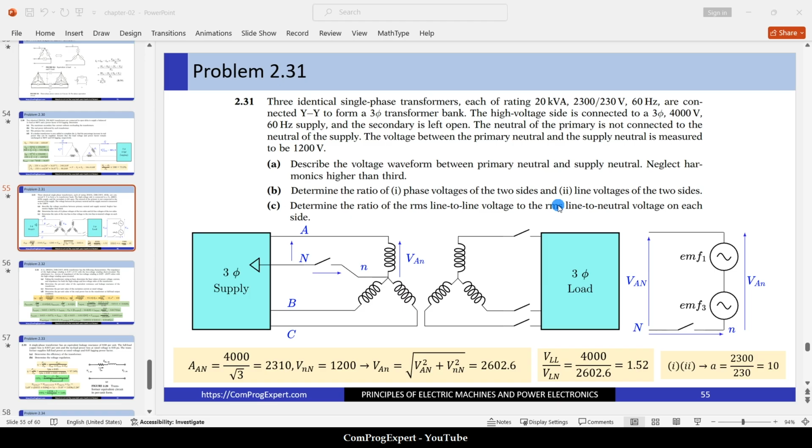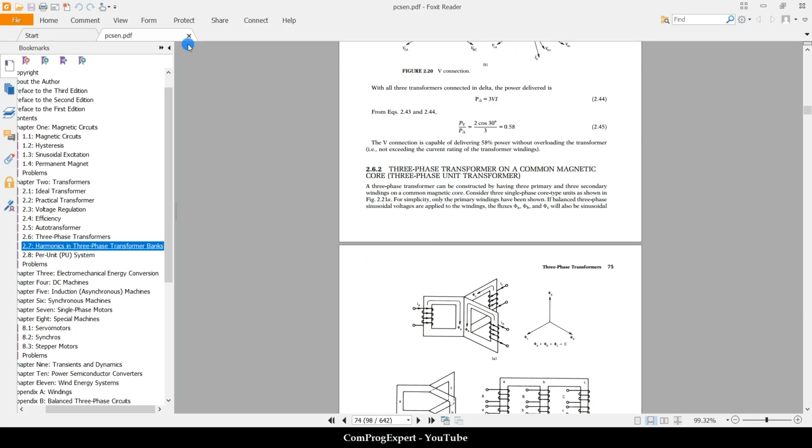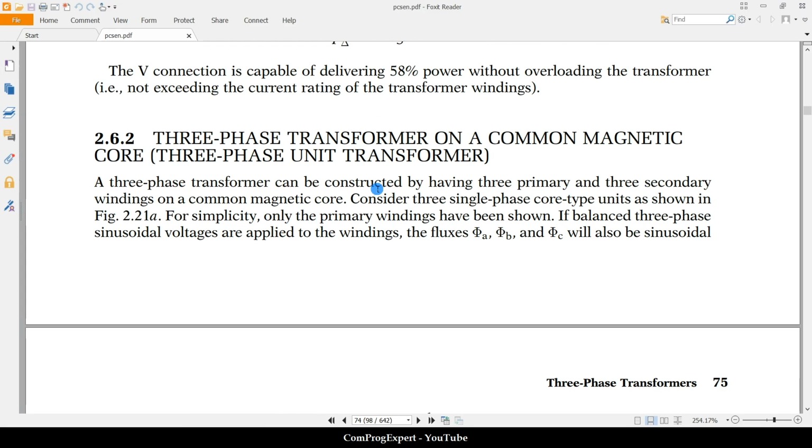Let's continue solving the problems of chapter 2, problem 31. Before solving this problem, let's review this subsection that we have here: three-phase transformer on a common magnetic core.